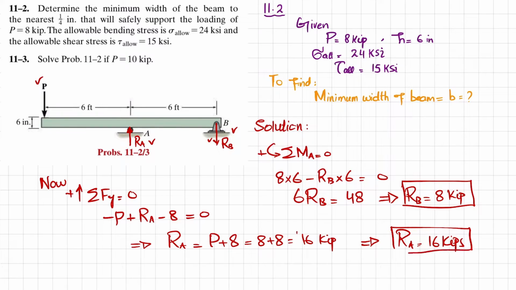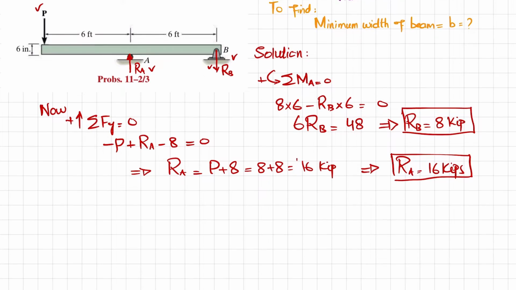Now we have to find the minimum width of the beam. Let this beam be rectangular in cross section. What if I draw the beam just like this? This is its minimum width b, and this is the height h, which is equal to 6 inches, and the neutral axis will be at the middle.